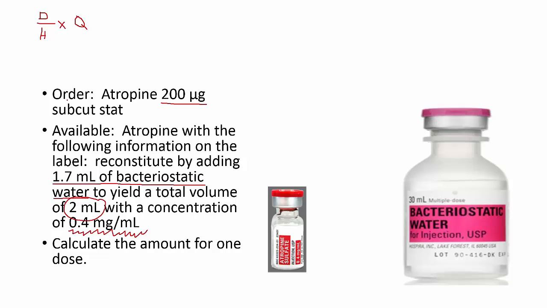So, filling in, the order was 200 micrograms. Now remember that you're never to use the Greek letter when you handwrite micrograms, so we'll use mcg. What we have on hand is 0.4 milligrams, and those milligrams are in the quantity of 1 milliliter.